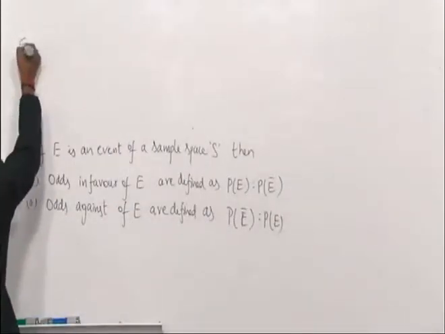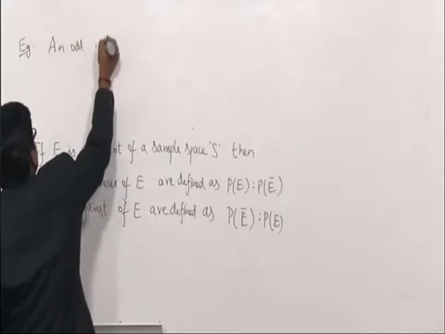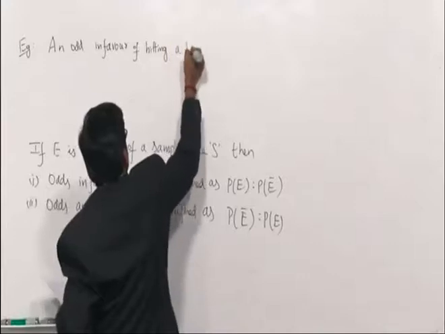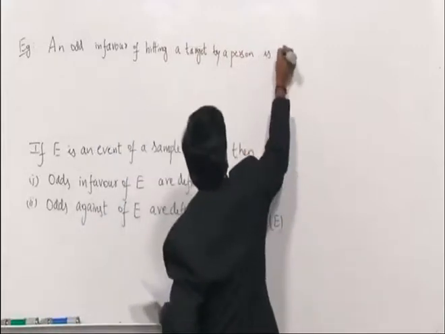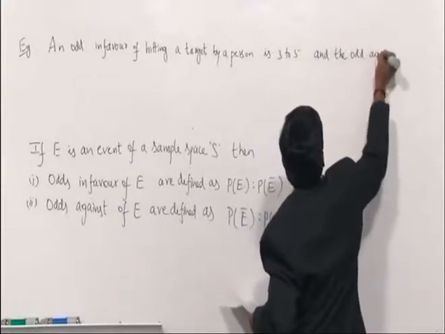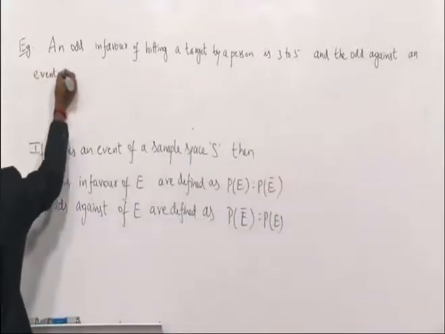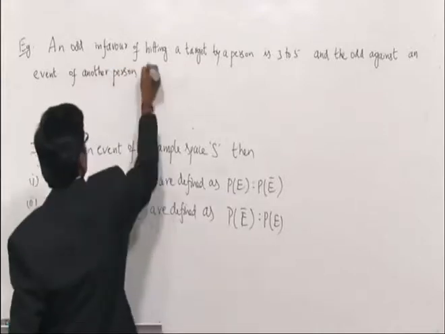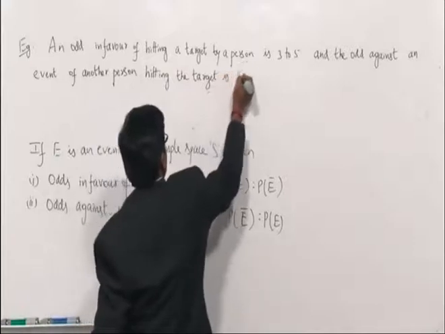So one example. The odds in favor of hitting a target by a person is 3 to 5, and the odds against an event of another person hitting the target is 3 to 2.